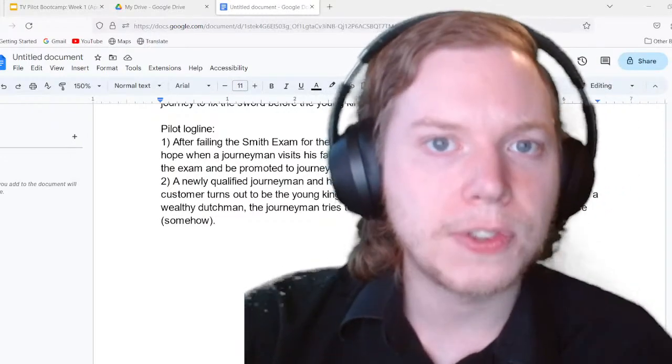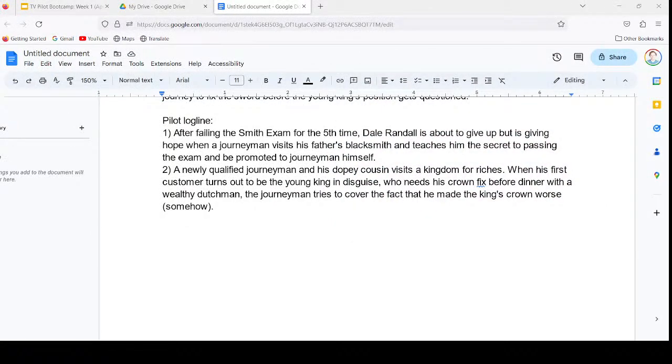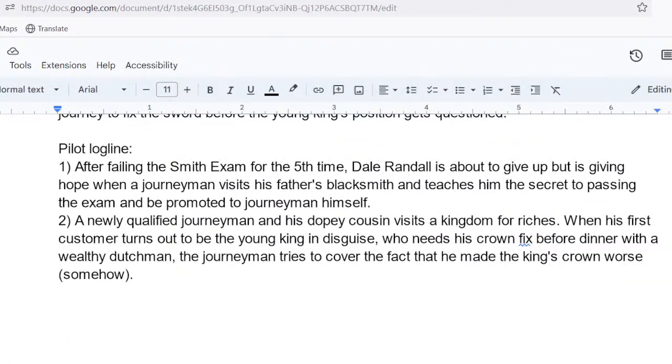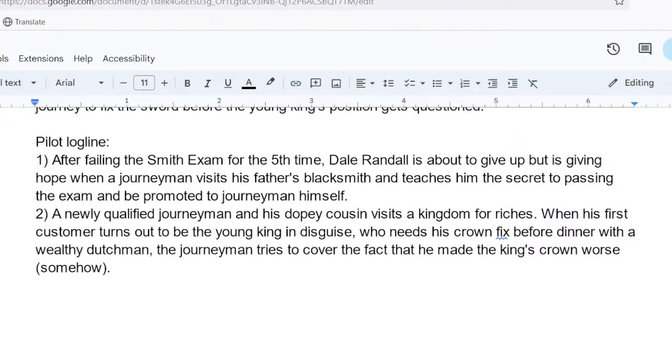So try to simplify this, streamline this a little bit, and start with the problem. So when a blacksmith's first customer turns out to be the king, I think the problem is he messes up, he ends up breaking it or something like that, I think is what you're saying. Yeah, he ends up making the structure of the crown worse. Okay.